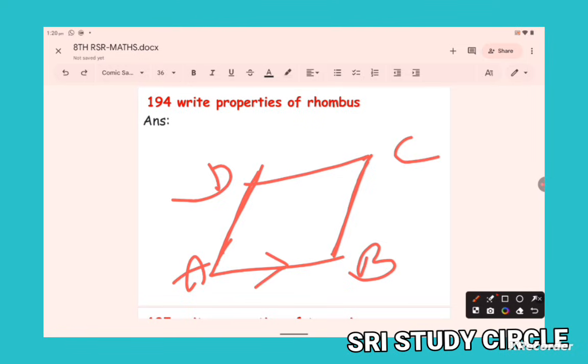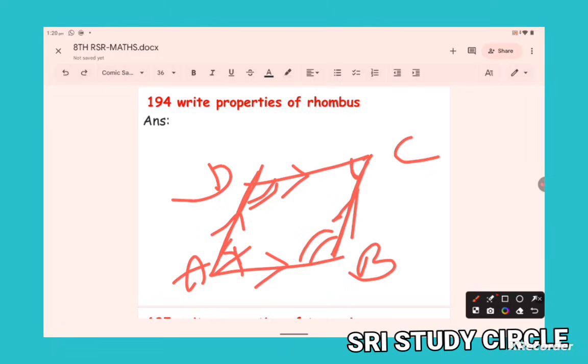Opposite sides are parallel. The length of all sides is equal. Opposite angles are equal. The sum of any two adjacent angles in a rhombus is equal to 180 degrees.